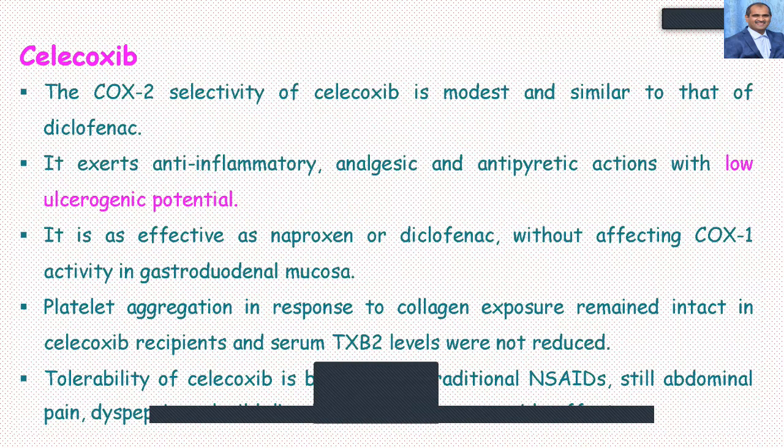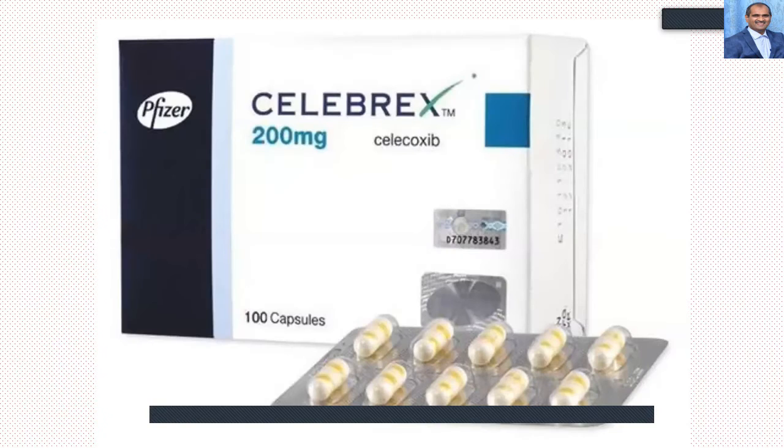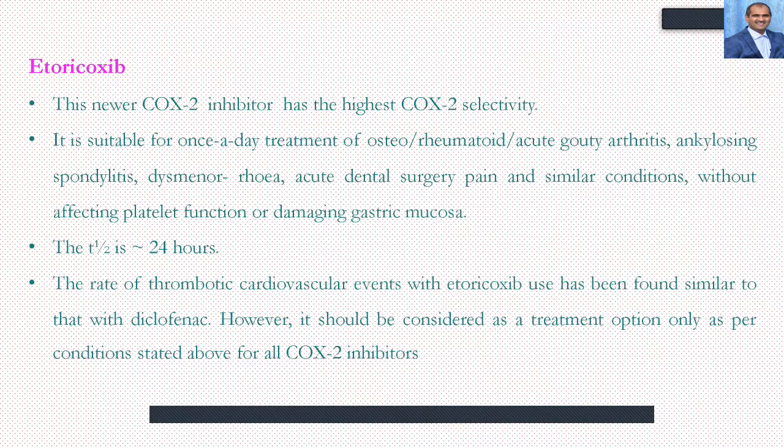Platelet aggregation in response to collagen exposure remained intact with celecoxib recipients, and serum thromboxane B2 levels were not reduced. So it is better tolerated than the traditional NSAIDs, though abdominal pain, dyspepsia, and other things are also common side effects. Celecoxib is available as 200 milligram capsules as a human preparation. Of course, veterinary preparations are not there.